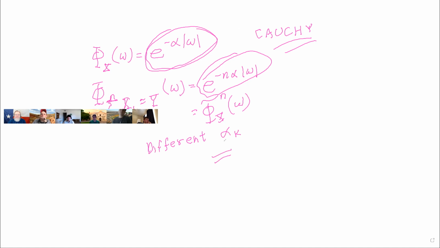Your new alpha is equal to just the summation of these alphas. I have no idea why I'm writing on a 45-degree line here, but you get the idea. So we do have this interesting result. Adding Cauchys gives you a Cauchy.